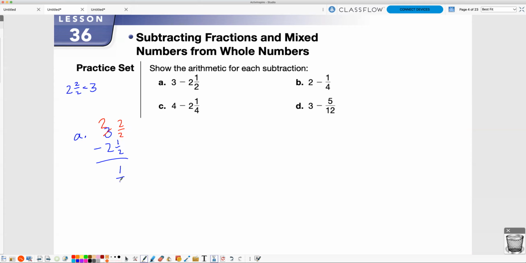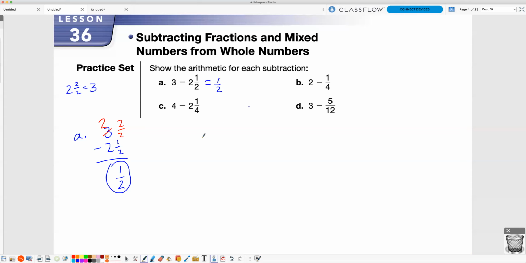The 2 in the denominator remains the same. When adding and subtracting fractions, the denominator remains the same. They have to be the same denominator, and then they remain that denominator. And then you have 2 minus 2, which is 0. You don't have to write 0 in front of a half. So A would be 1/2.